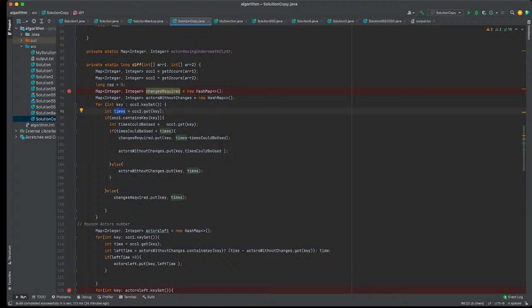But if the previous occurrence is smaller than the current required number, a change is required to make this additional occurrence happen.